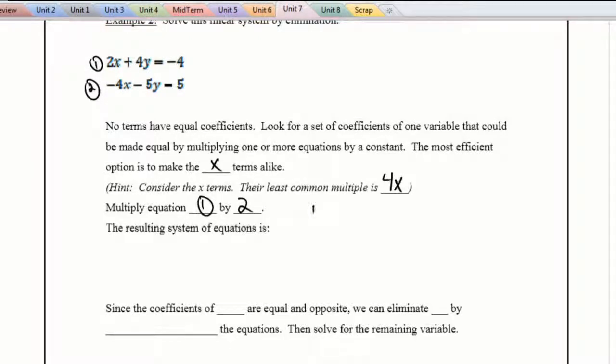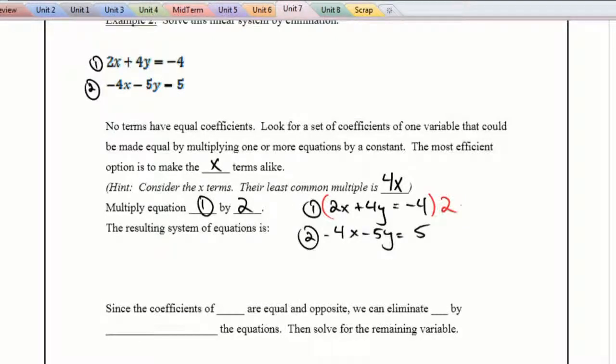All right, so I have equation 1 is 2x plus 4y is negative 4. And I have equation number 2 is negative 4x minus 5y is equal to 5. So what I'm going to do is take everything in equation number 1.